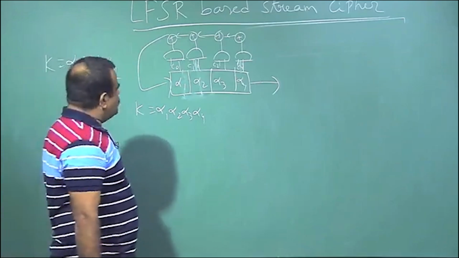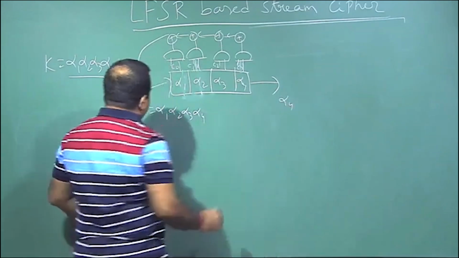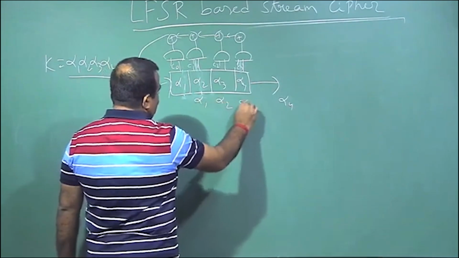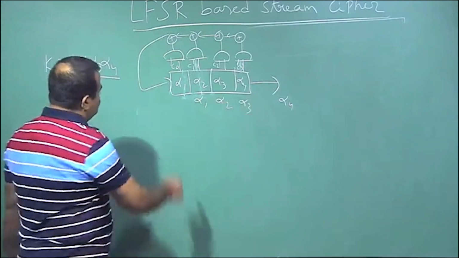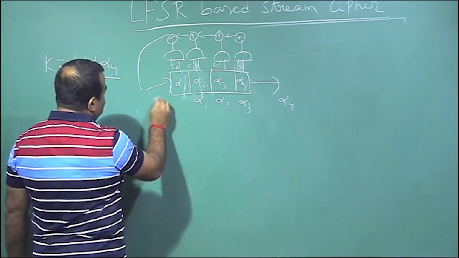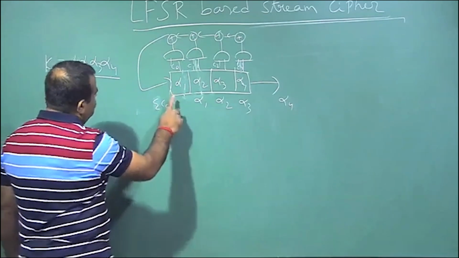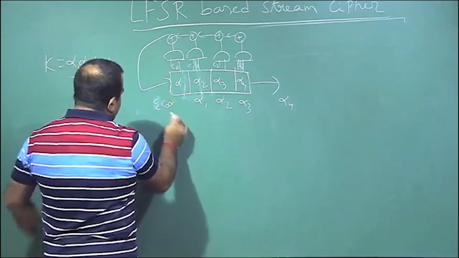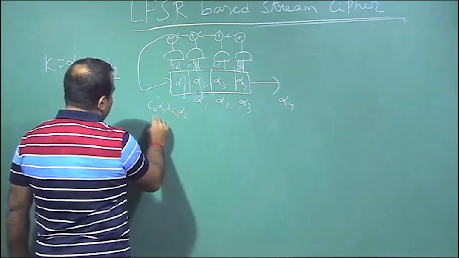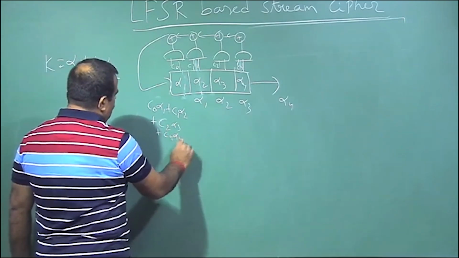Now, what will be the key stream? The first key stream bit is alpha 4 coming out, then alpha 1 will come here, alpha 2 here, alpha 3 here, and the feedback will be the summation C0 alpha 1 plus C1 alpha 2 plus C2 alpha 3 plus C3 alpha 4.